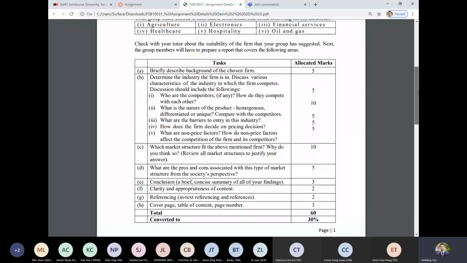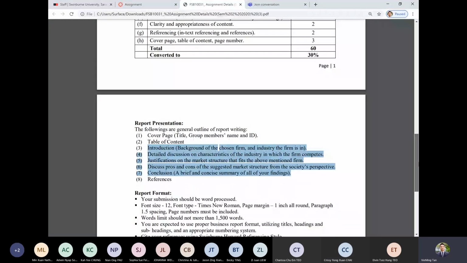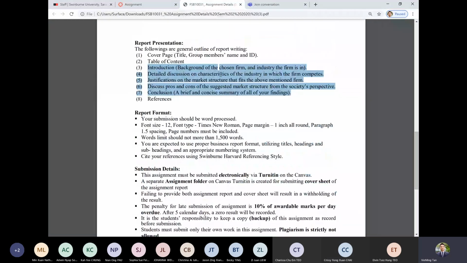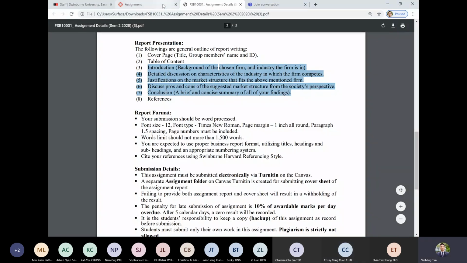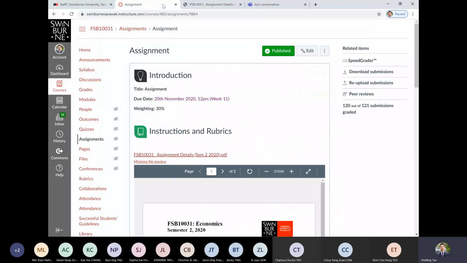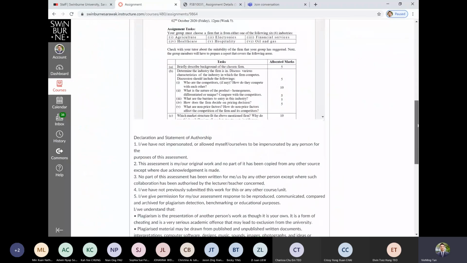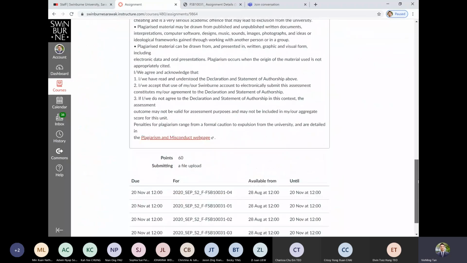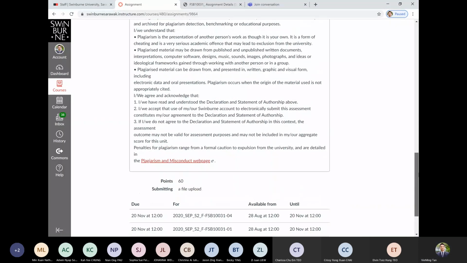What you can do is just put a cover page with the title, group members' names and ID. We used to have the cover sheet, but now it is in electronic format.